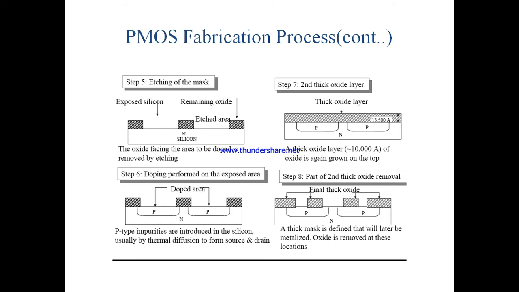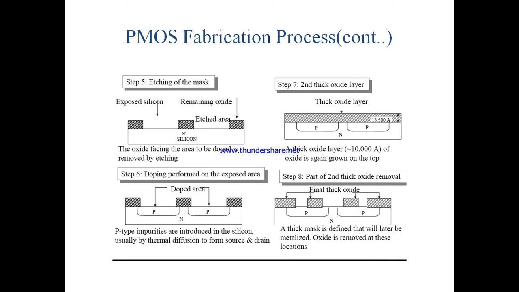Once again, thick oxide SiO2 is deposited over all and is then masked with photoresist and etched to expose selected areas of the polysilicon gate and the drain and source areas where connections, that is contact cuts, are to be made.